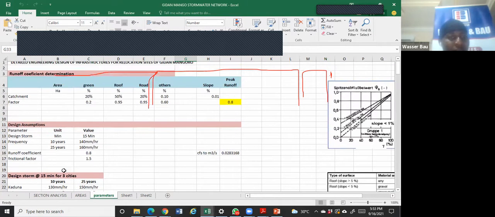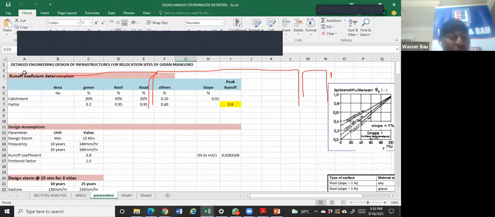Okay. Then for runoff determination, how did I come about 0.8? Well, let me tell you what I did. The client has already set 0.8, but we needed to justify it. So I did backward engineering. For the green areas, we assume that the green areas will constitute 20% of the whole built area when the place is finally built up.